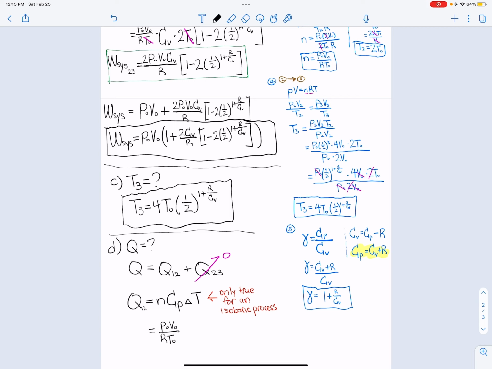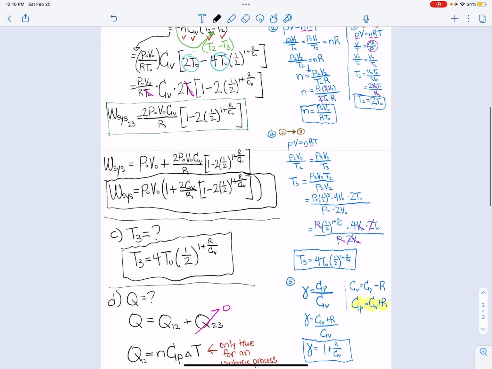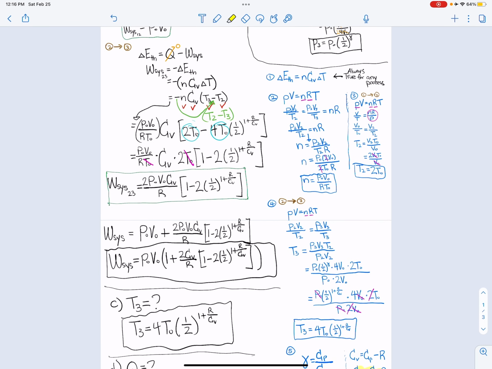times Cp, which is CV plus R. And then delta T from 1 to 2 is T2 minus T naught. Well, what is T2? We can't use T2 since that wasn't given. Well, side mission number 3: T2 is equal to twice T naught.